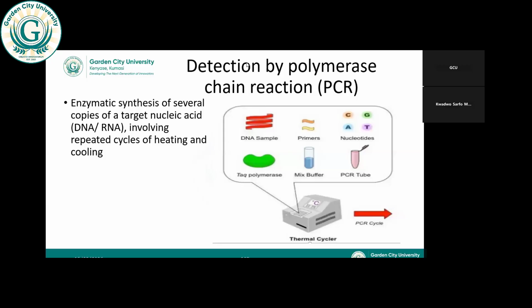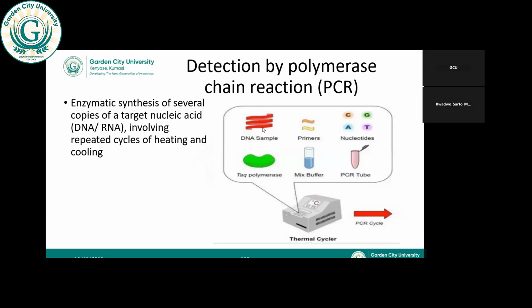So for polymerase chain reaction, it's done in an instrument, an equipment. And this equipment is where you put your sample, which is your DNA or the RNA.